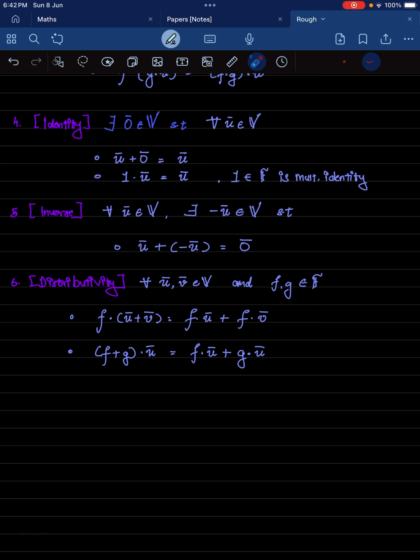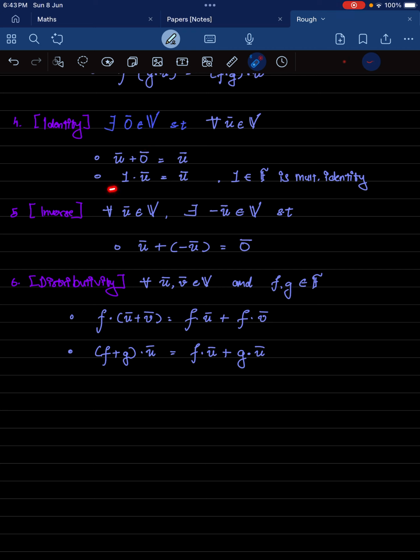Going on to identity. In this case, there is only one identity because no multiplication of two vectors is defined, and the multiplicative identity is played by the multiplicative identity from the field f. But there is a separate additive identity for two vectors, and that is denoted by the 0 vector. So as you may expect, for any vector u, u plus 0 is the same as u. So this is the additive identity for the vector addition, that is the 0 vector.